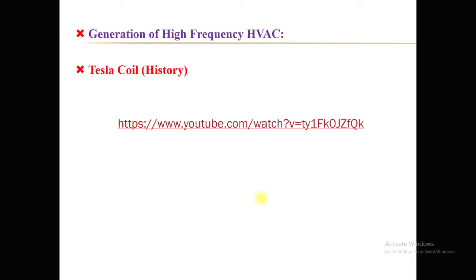In addition to that, I want to add one point: you can also find high frequency, high voltage AC equipment when you open your television. You have a cathode ray tube (CRT), so it needs high frequency signals. So you will find a solid state Tesla coil when you open your television.